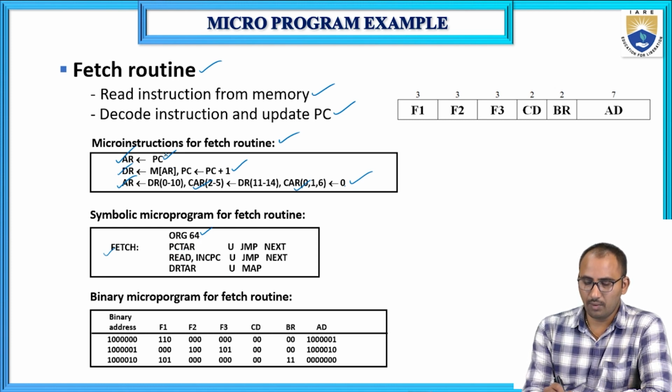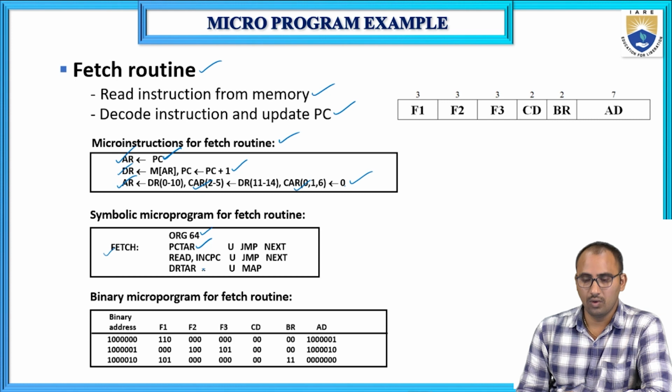Next, what is the operation we are doing here? PC to AR. What is the condition type? Unconditional. What is the branching type? Jump. What is the address? Next one, M of AR to DR. That is a read operation.